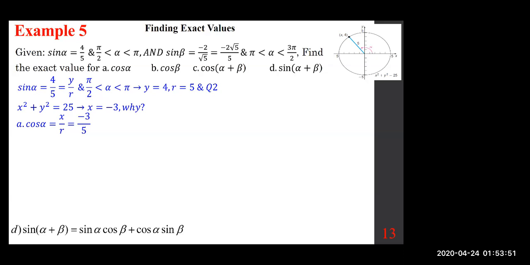Is this the only way to do it? No. You can use the identity. What is the identity? Sine squared plus cosine squared equals 1. And of course figure out the sign, positive or negative. So which one is easier? I have no idea. You make a decision. There are two ways to do that.